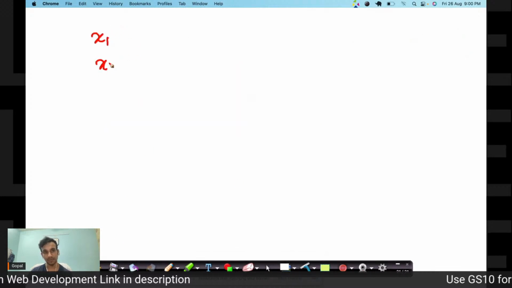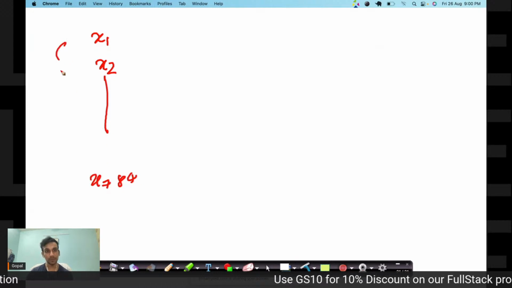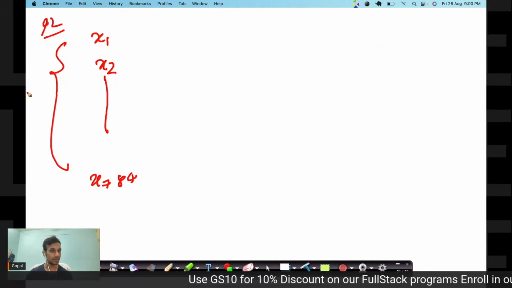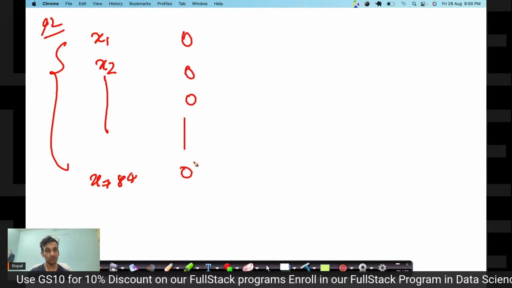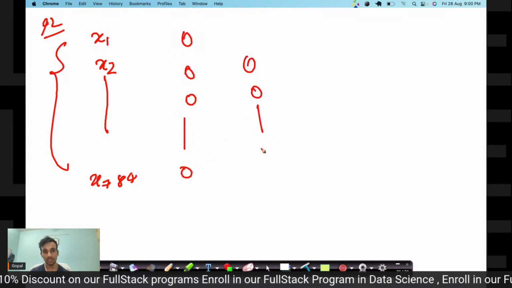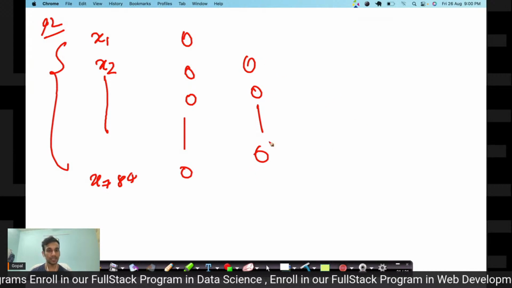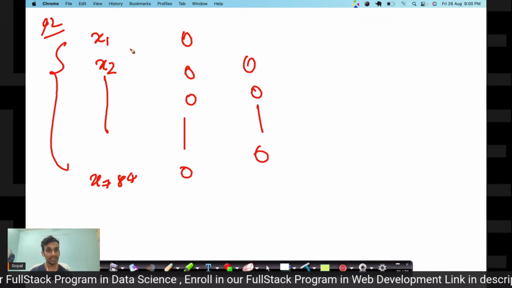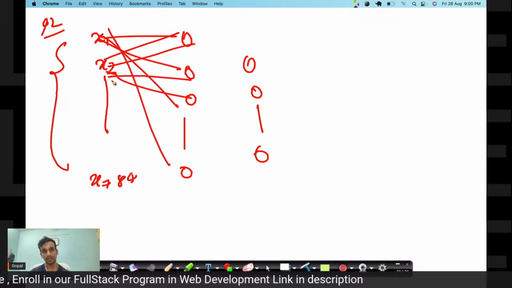It will be like x1, x2, up to x784. This is your input layer, IL. And now this input layer will feed into those 128 neurons, and then we will have those 10 neurons. And then obviously the output will be there. These values will connect with each other like this, which we just saw.